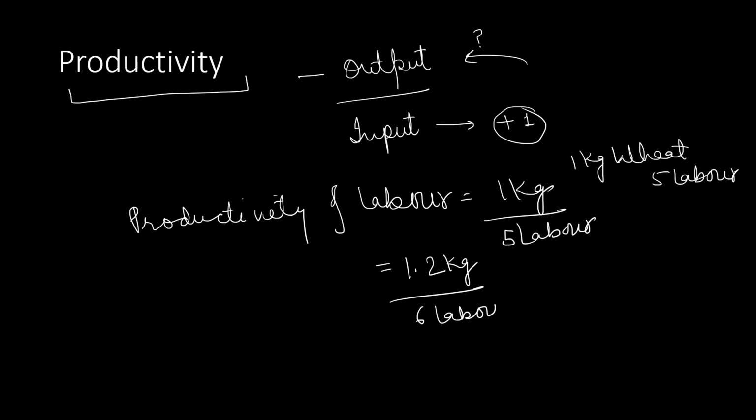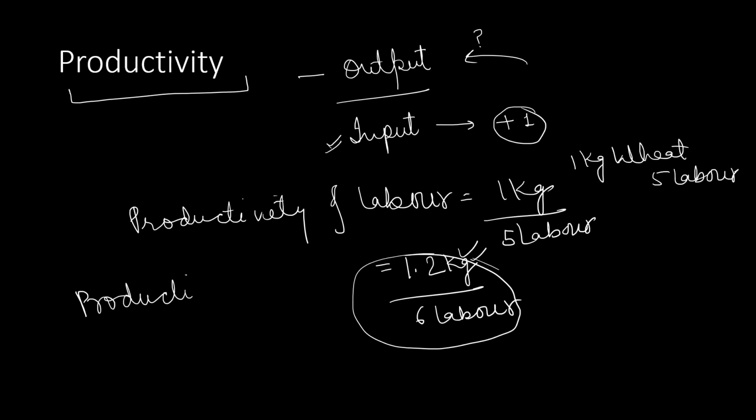So this is the productivity. Ultimately we check the output by increasing the input. So here our input is labor. We can also check the productivity of, let's say, land.